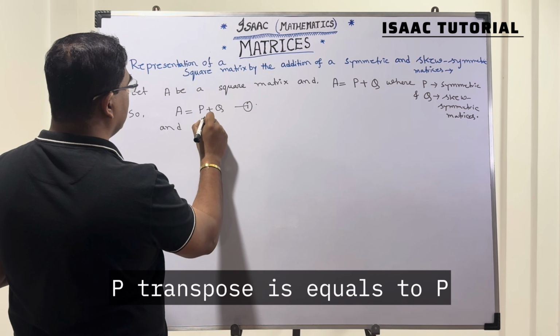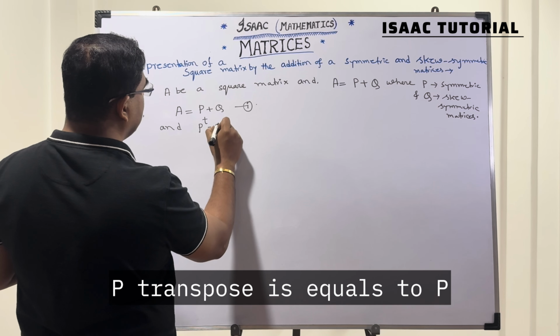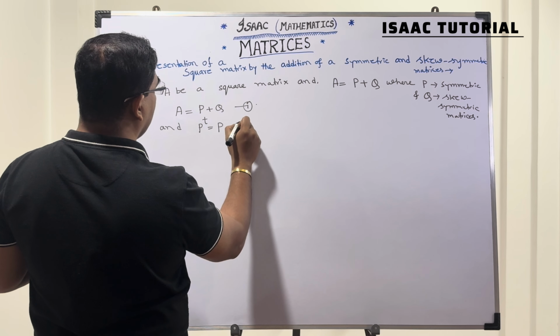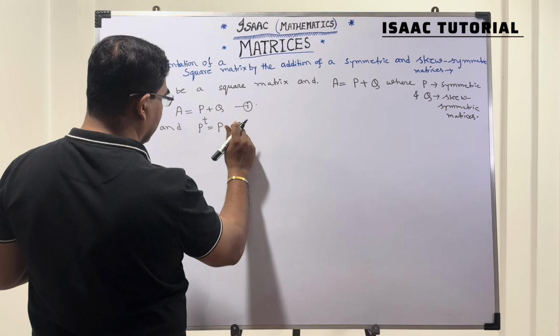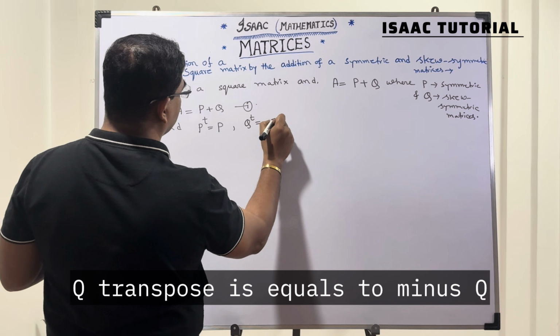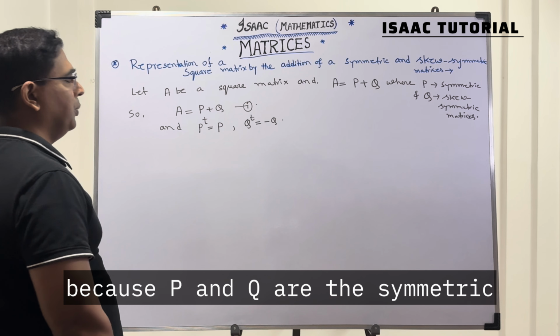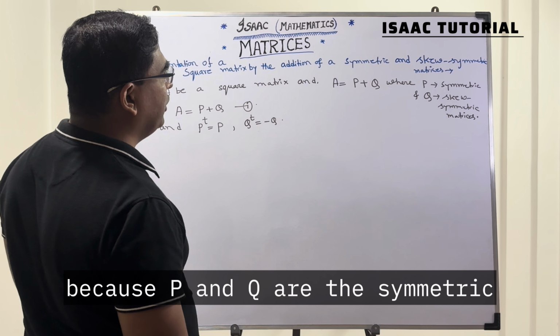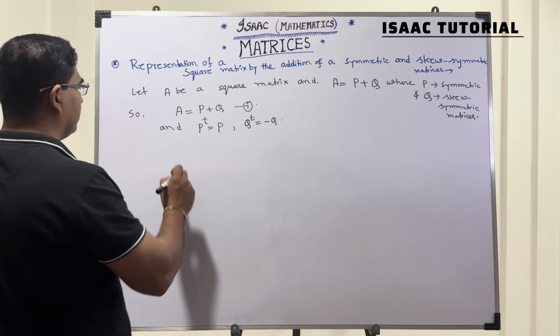P transpose is equal to P, Q transpose is equal to minus Q, because P and Q are the symmetric and skew symmetric matrices.